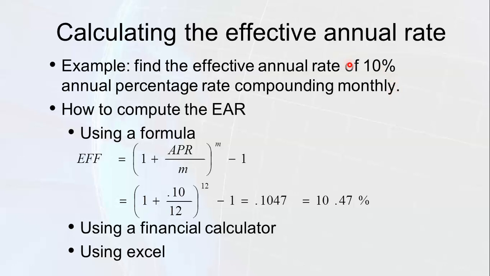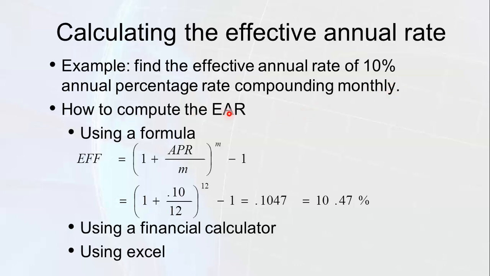Okay, so 10% APR, that means at the end of the first month, your interest is going to start making interest. Okay, so the 10% APR compounding annually and 10% APR compounding monthly, they are different things.